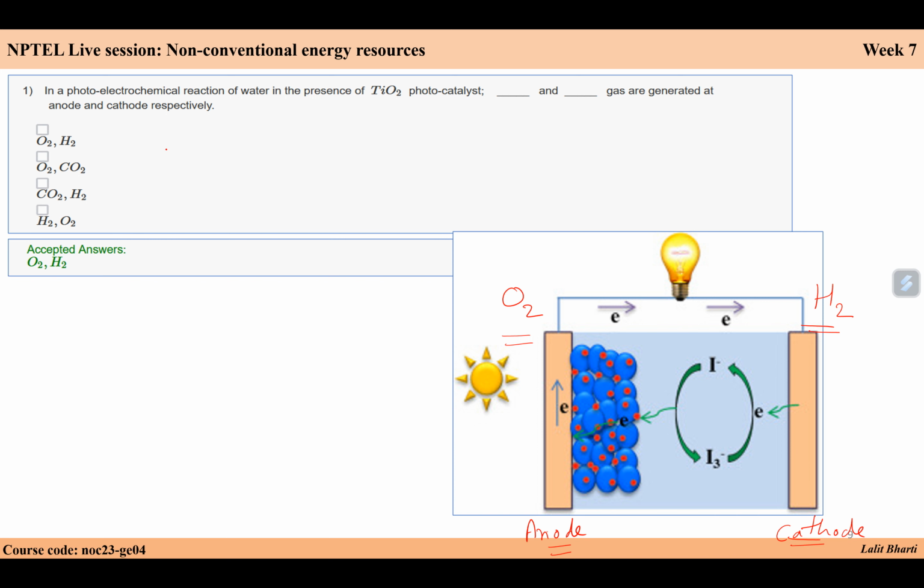So this is the answer, and option 1 is correct.